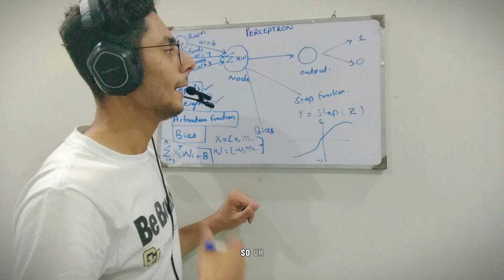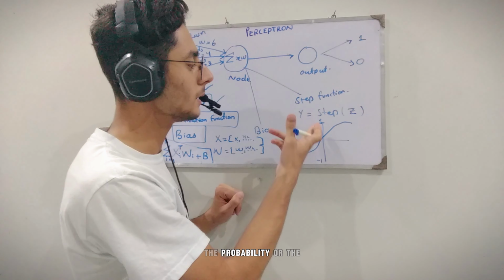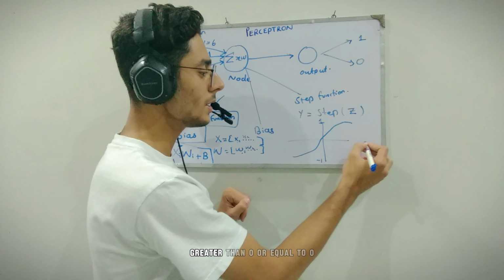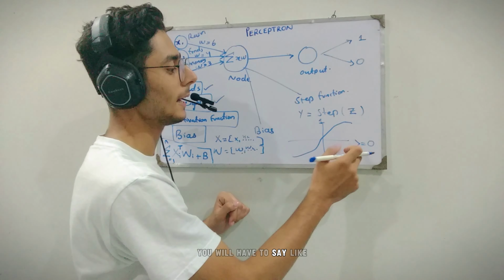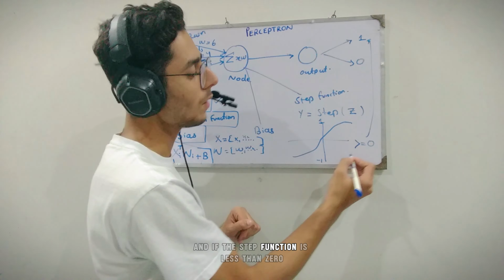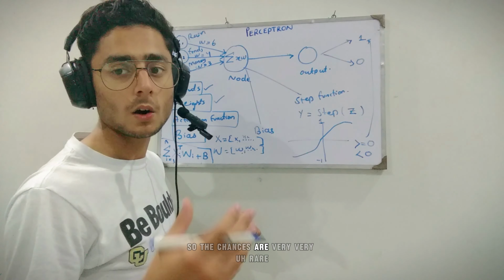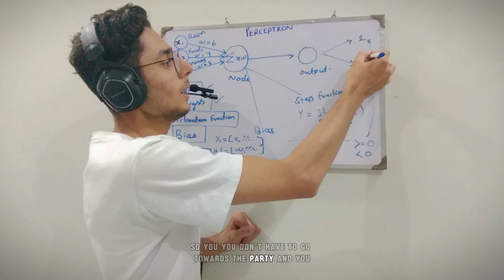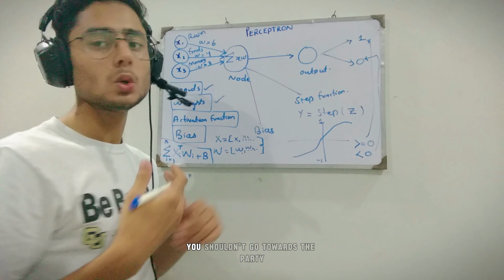So you have to define a condition that if the output of this step function is greater than or equal to 0, you say I just have to go towards the party. And if the step function is less than 0, the chances are very rare, so you don't have to go towards the party, and it will output zero, which is saying that you shouldn't go towards the party.